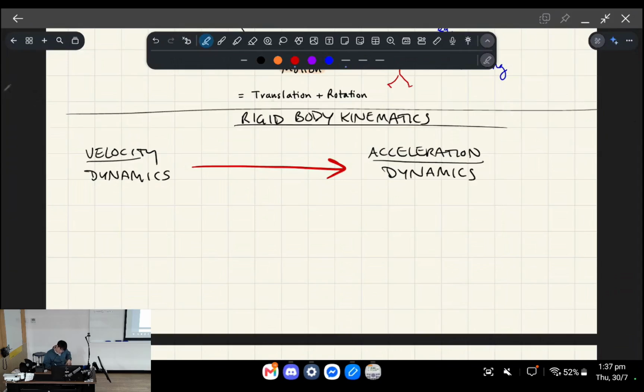In terms of the methods to solve problems, for velocity dynamics we have two methods you can use. The first one is just relative motion, which is where what I was talking about before will come into play. The second one is called the instant center of rotation method.